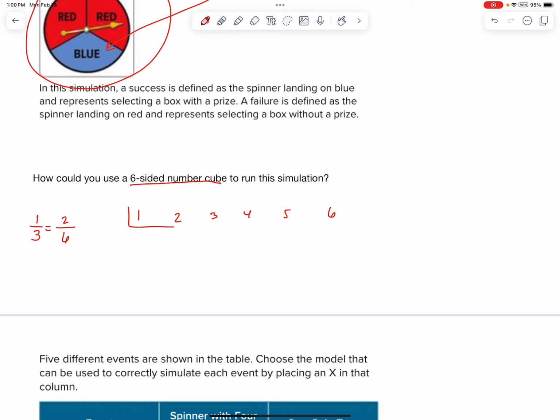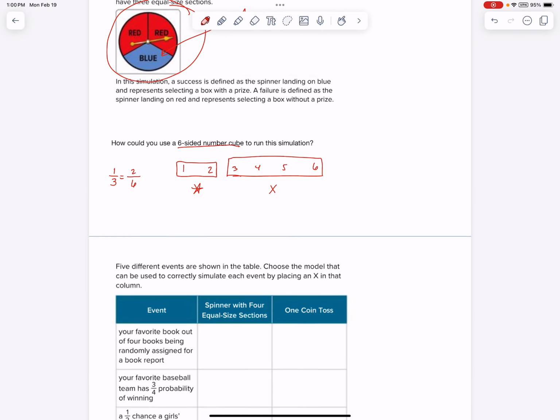So all we could say is something like, if I roll a 1 or a 2, then that counts as a successful outcome. And then 3, 4, 5, 6 counts as a negative outcome, meaning the cereal box doesn't have a prize. And so that's how you could be creative with something like that.